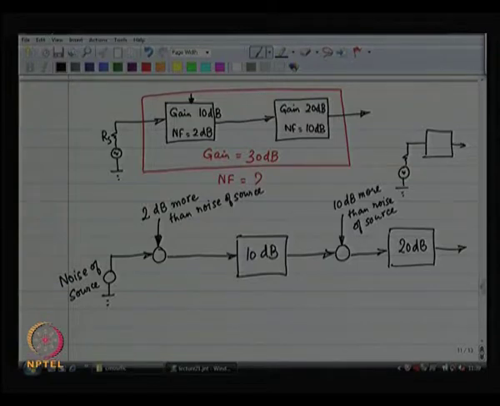So, I want to estimate the combined noise figure of everything taken together. All right. Now, instead of noise figure, let us convert these into noise factors. Noise figure is just a dB representation of noise factor. So, 2 dB is how much?